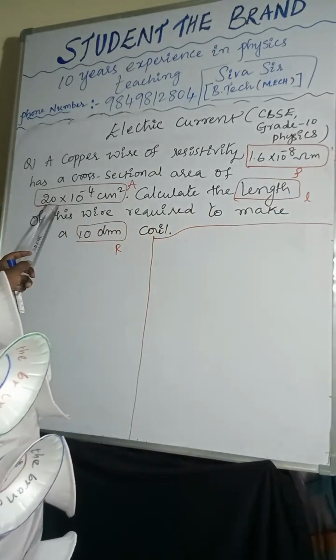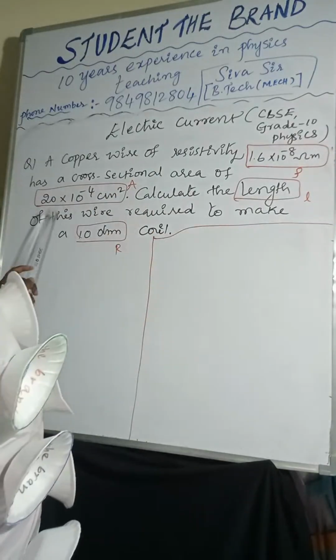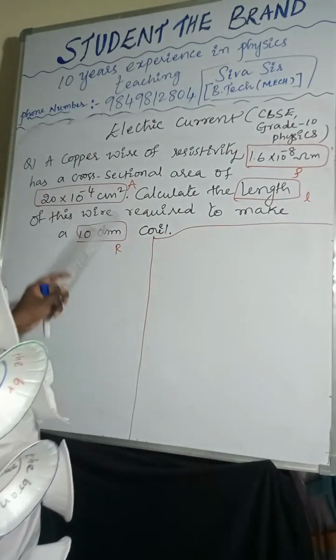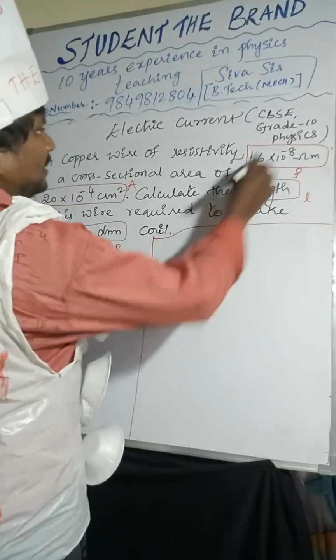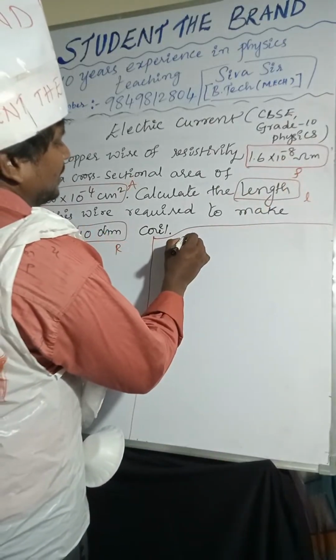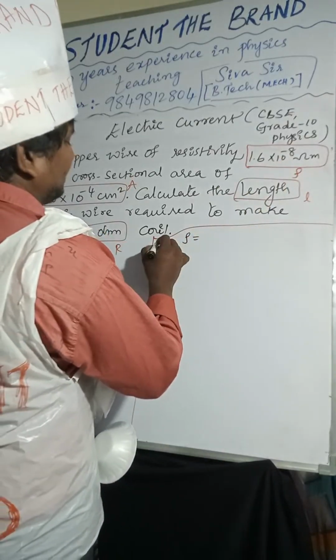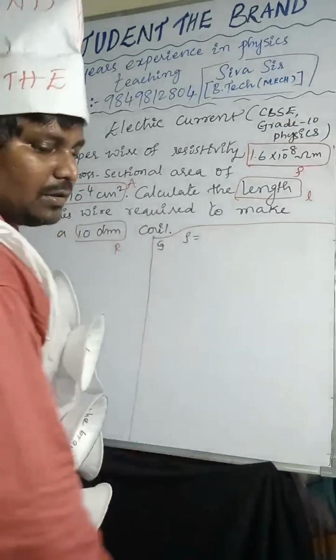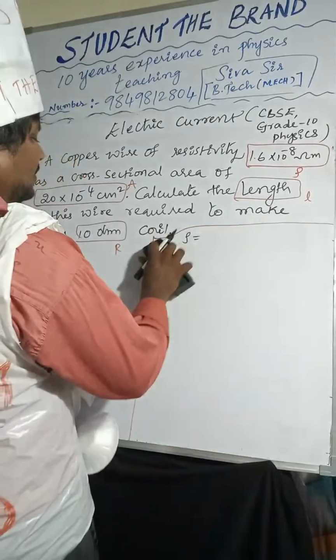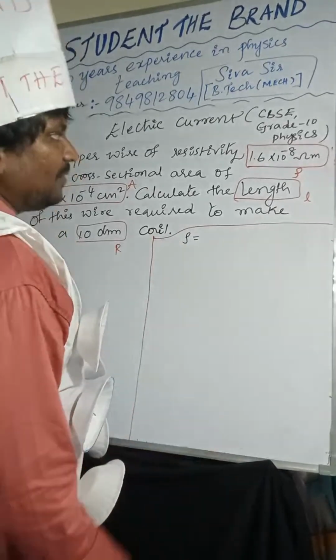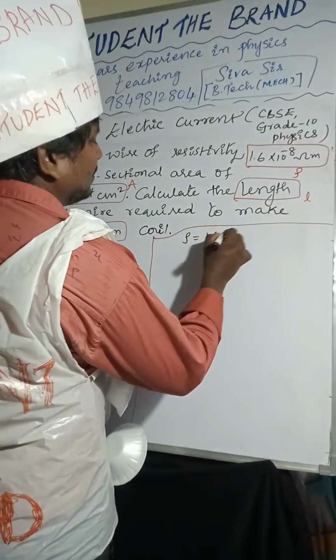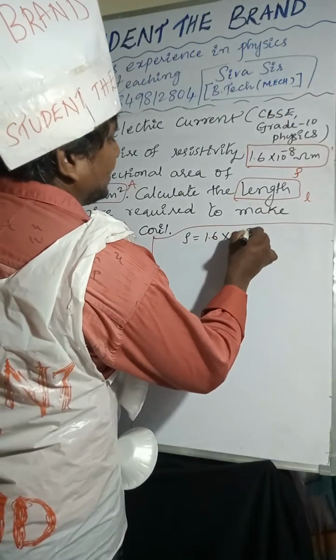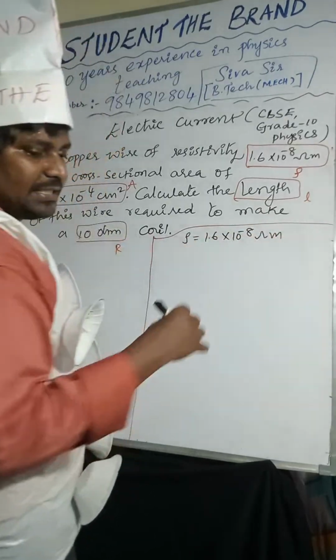Calculate the length of the wire required. So resistivity is given, rho equal to the given data: 1.6 into 10 power minus 8 ohm meter.